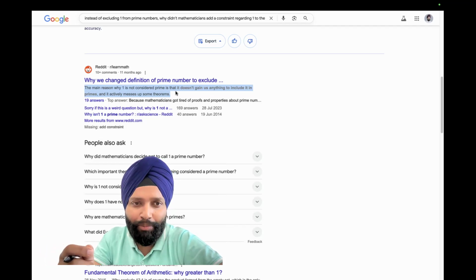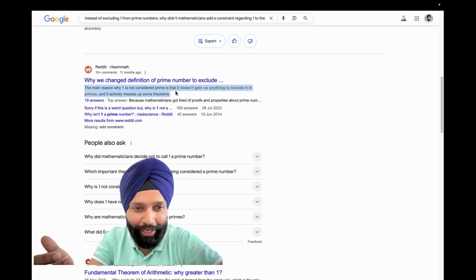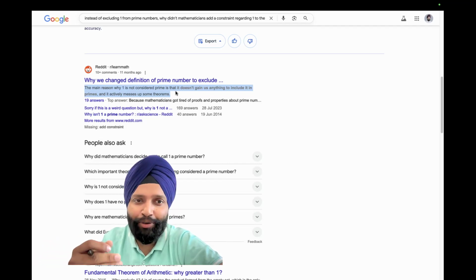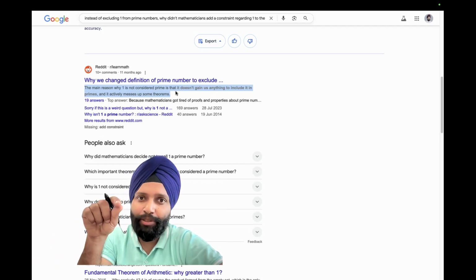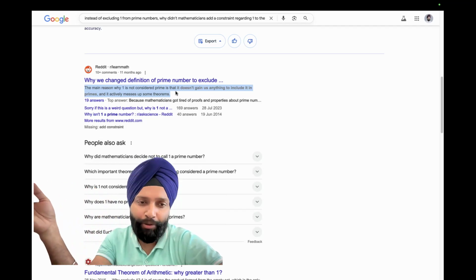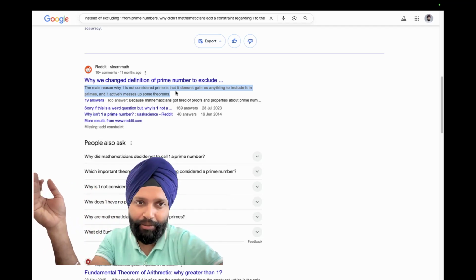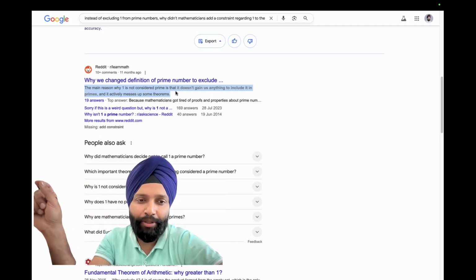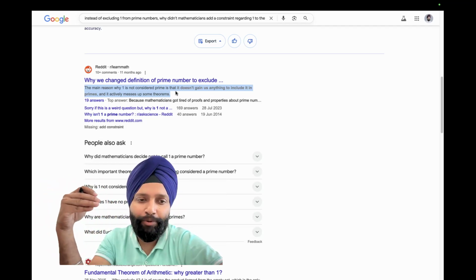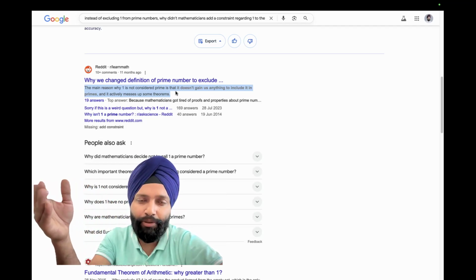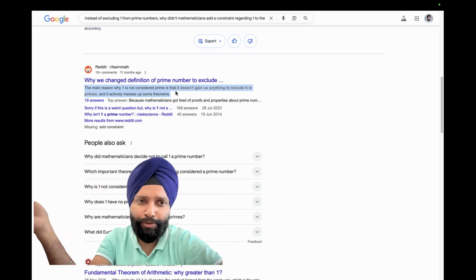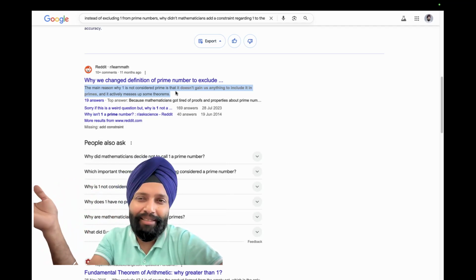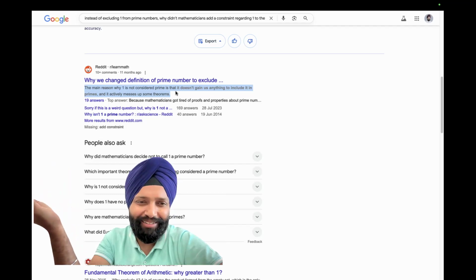There is no gain in calling it a prime, but if you call it a prime, then you'll have to change not just this theorem, but also a number of other theorems. Okay. And it says it actively messes up some theorems. So essentially, you'll have to put a constraint not just on this one theorem, but perhaps a lot of other theorems also.